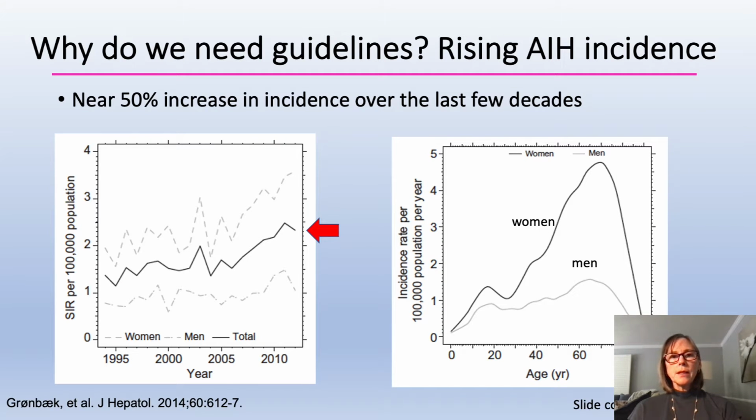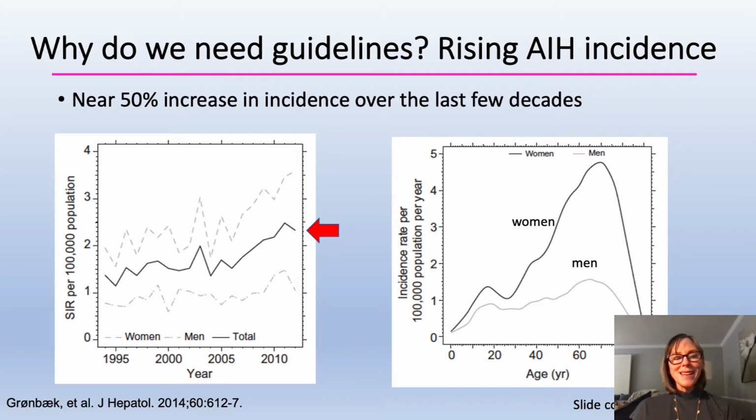Another important reason that we need guidelines specific to autoimmune hepatitis is based on the increasing incidence of this disease. Over the past few decades, there's been a nearly 50% increase in the incidence of autoimmune hepatitis, and that's shown in the left-sided graph with the red arrow pointing to the mean increase, showing the steady increase in the past couple decades.